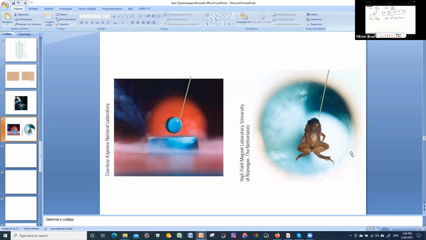For instance, this is a famous experiment of levitation of a live frog in a strong magnetic field because of diamagnetic features of water molecules, which are in large quantity inside the tissue of a live frog. So this frog is levitating in a strong magnetic field.